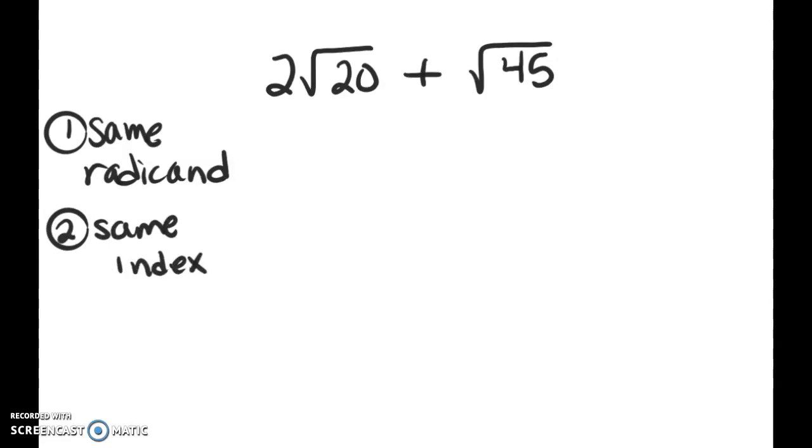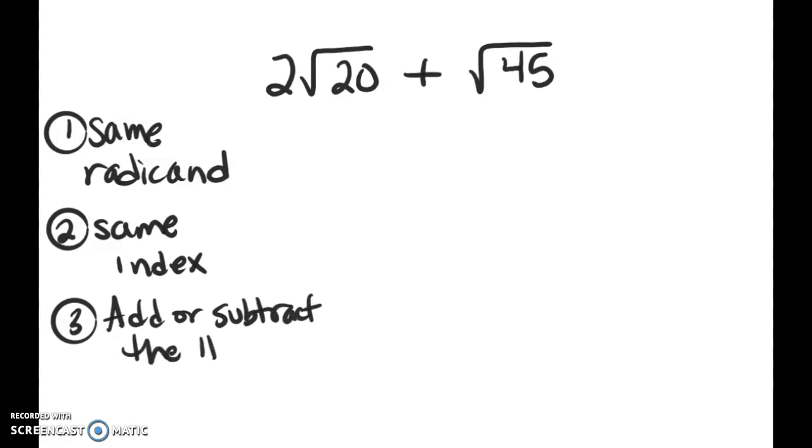And if you have that, then you can add or subtract, depending on the operation, the numbers in front. So like the 2 here, and there's not a number written here, it would be a 1 if you don't have anything written. So you could add those together.